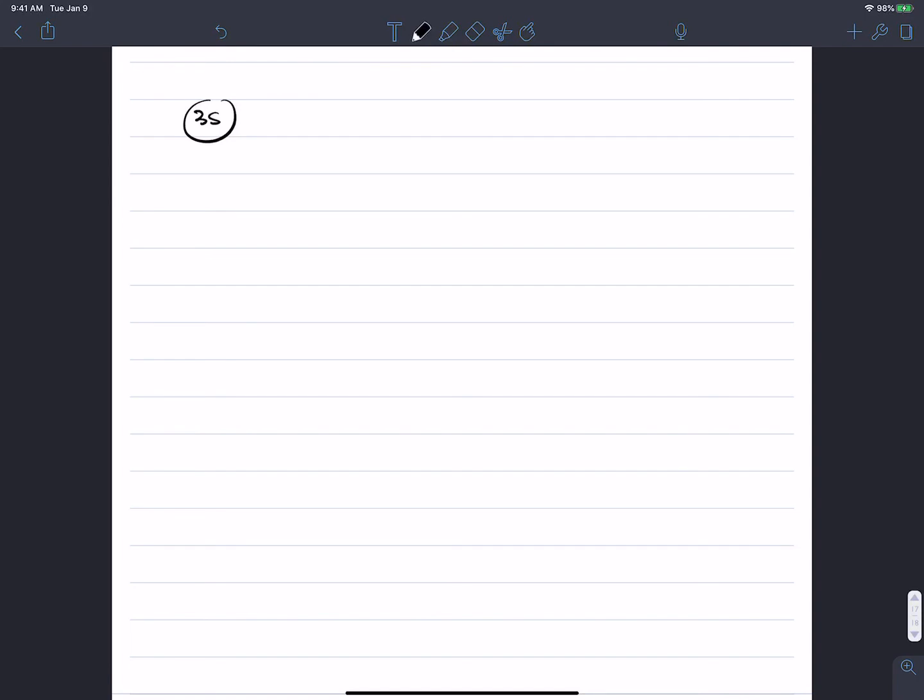Like 35. Integral of 2 pi, sorry, not sine theta, we have secant theta tangent theta.